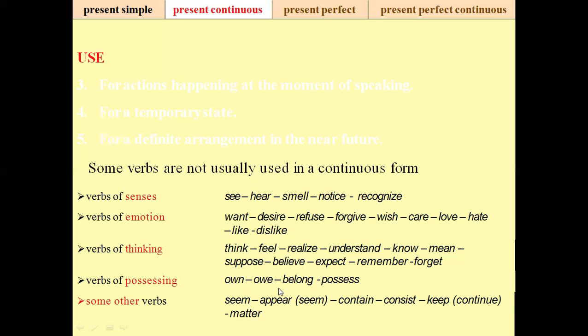Some other verbs like seem, appear, contain, consist, keep, continue, or matter are again not used in the present continuous tense. So remember these verbs. The first three categories of verbs, senses, emotions and thinking, are used only in the simple present tense.